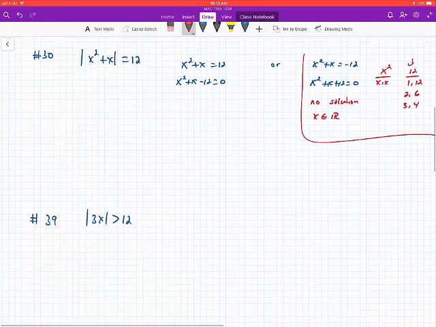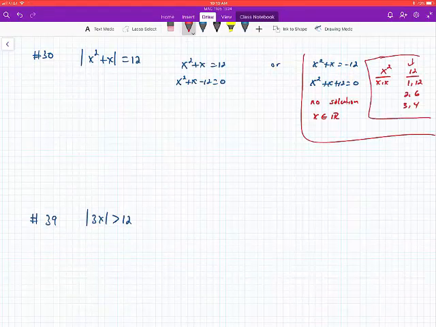Here on the left, I can repeat this process. Looking at the 3 and the 4, if I have a positive 4 and a negative 3, I get x plus 4, x minus 3 is equal to 0.